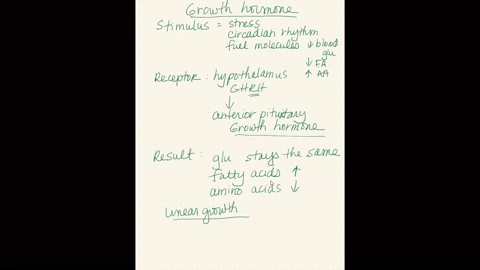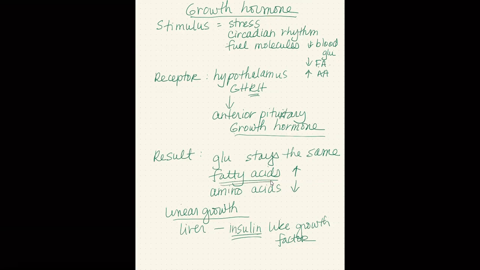Another thing that's going to happen is the liver is going to release insulin-like growth factor. It's kind of like insulin, so it's going to have the same results as insulin. The adipose tissue is going to start breaking down fatty acids. Think about kids when they start to grow.